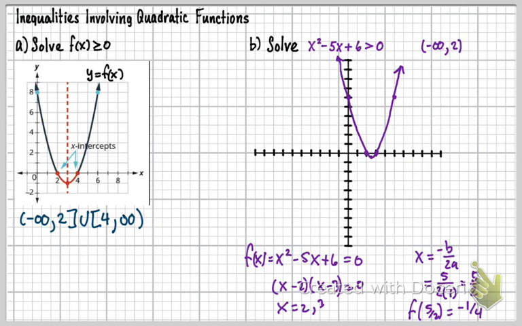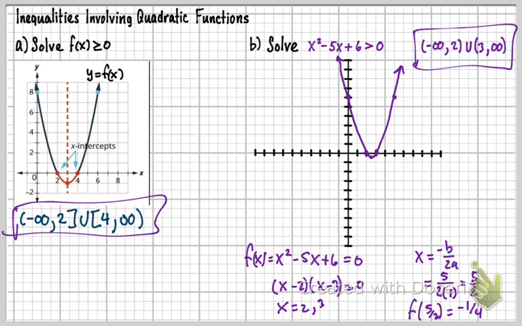So it's a parenthesis here, and then I'm going to do a union, and then a 3 here, again with a parenthesis because it just says greater than. I use a bracket when I'm including it. And that will go to infinity. So there's our answer for those two. This is the answer for this one, the interval, and this is the answer for the other one.